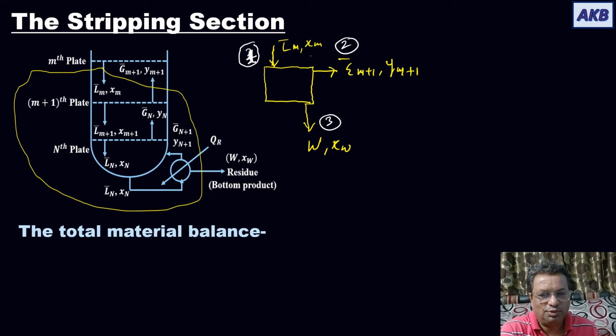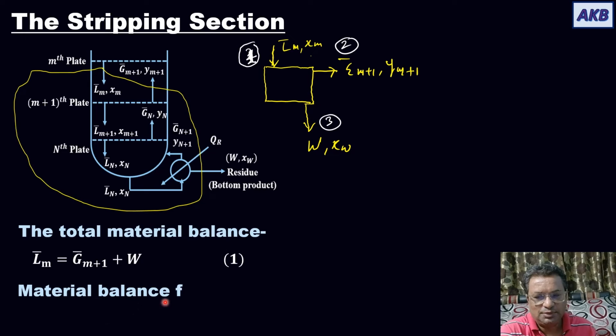So if you have to write the total material balance at steady state, it will be written in this way. Input is equal to output. Input is L bar m and output is G bar m plus 1 plus W. I am calling it equation 1.